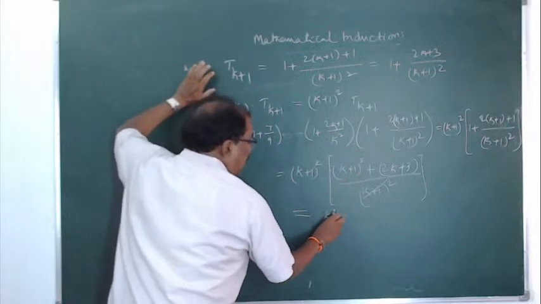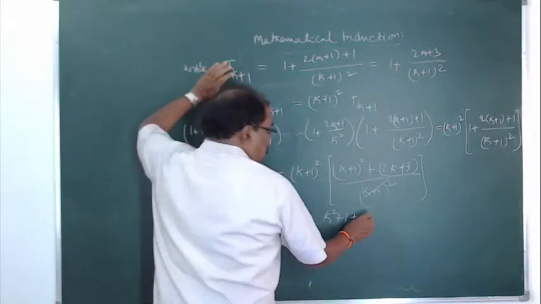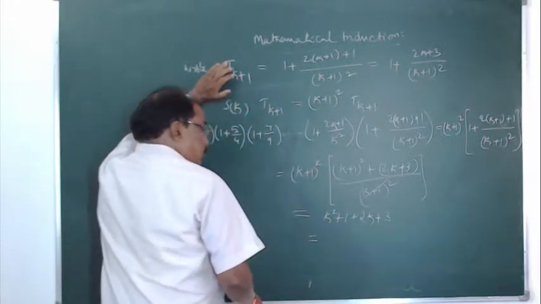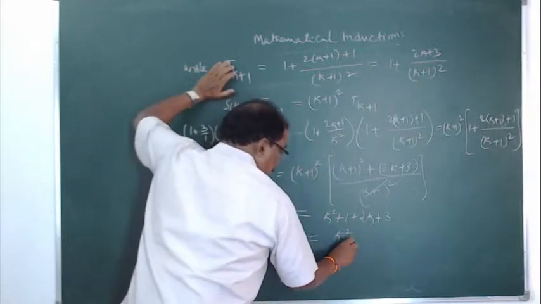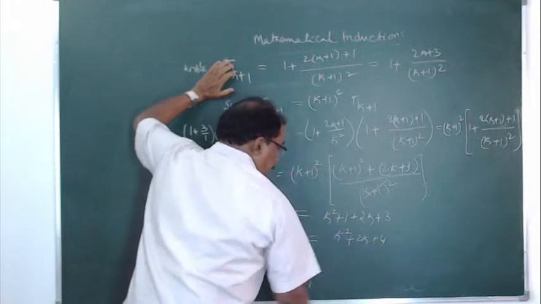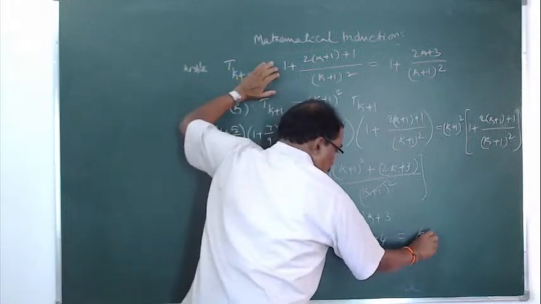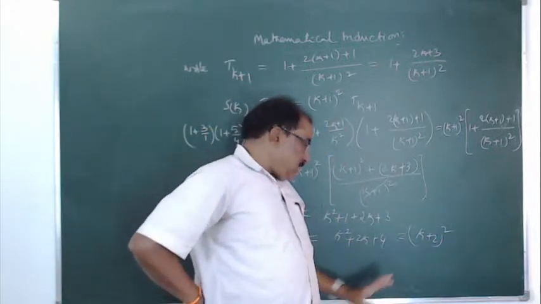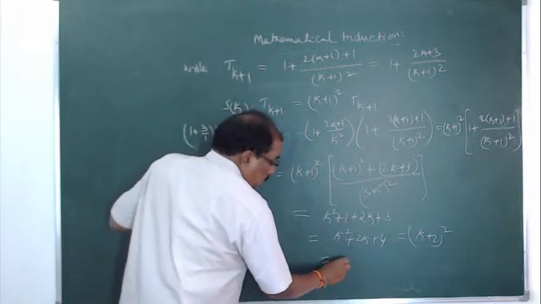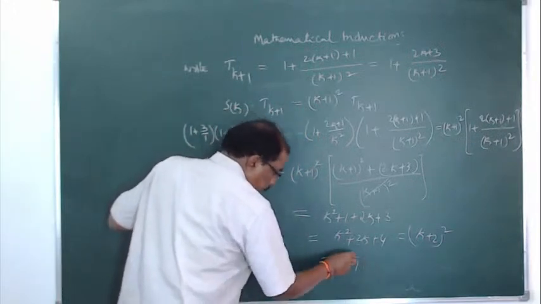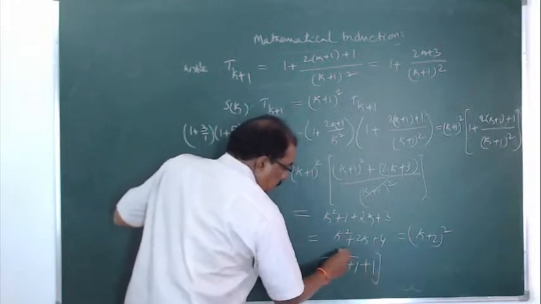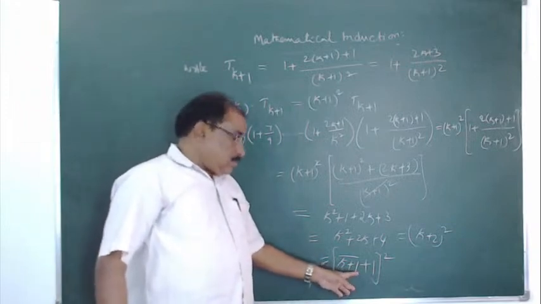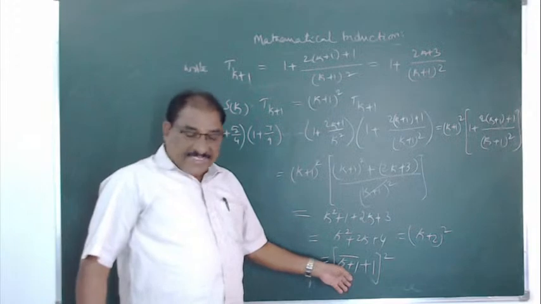Here k square plus 1 plus 2k plus 3 is equal to k square plus 2k plus 4. This is equal to k plus whole square. a square plus 2ab plus b square is equal to a plus b whole square. This can be written as 2k plus 1 plus 1 whole square. And so you get k plus 1 in place of n.